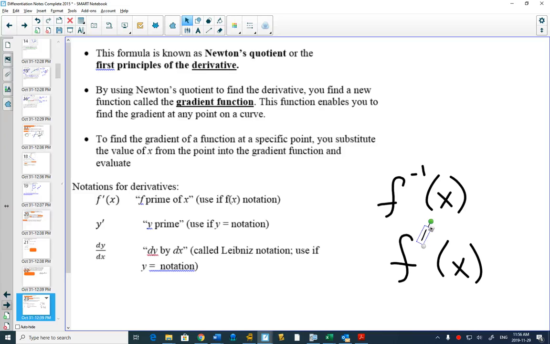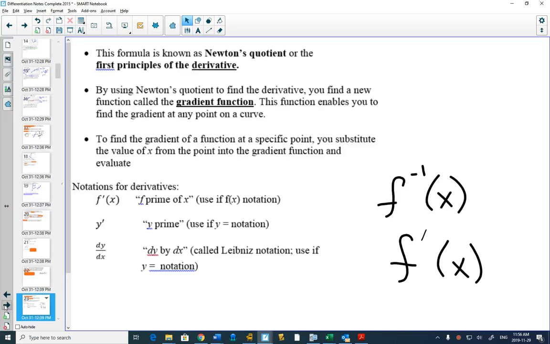It's just a regular slash apostrophe. So you can have either f prime of x, or y prime if you're using y notation, or dy by dx. The first two tend to be more aligned with Newton's notation. Leibniz used this notation, dy by dx, which stood for change in y over change in x. So we will work with both notations all the way through.